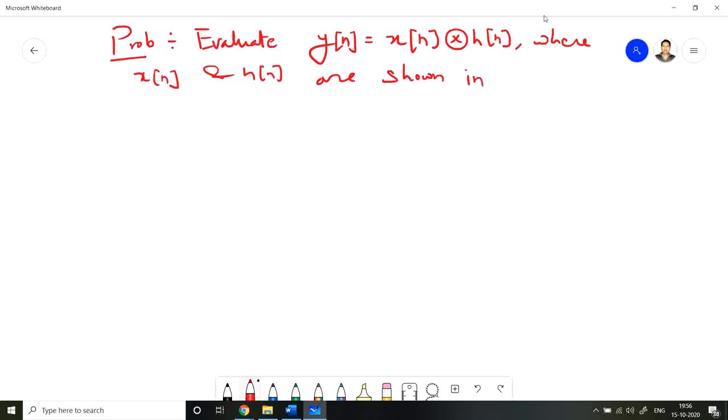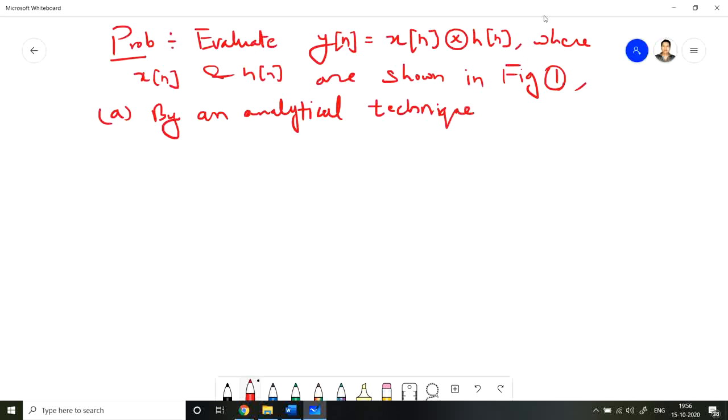Part A by an analytical technique, and part B we have to solve by a graphical method.